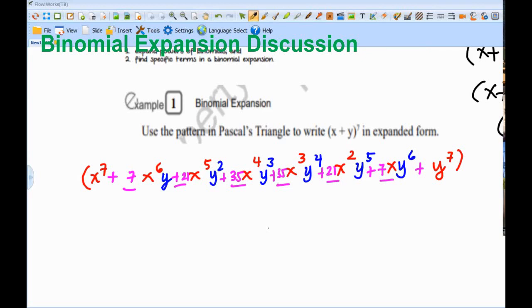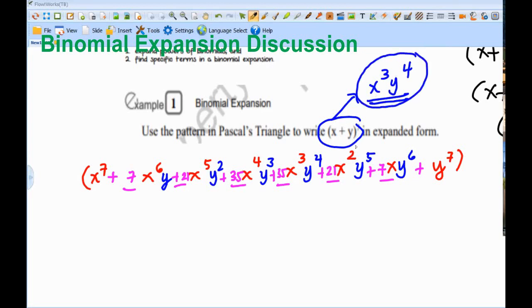Now, in the entrance exam, they will ask the question like this. Usually, last time it went out like: in x plus y raised to 7, what is the numerical coefficient of the x cubed y to the fourth term?